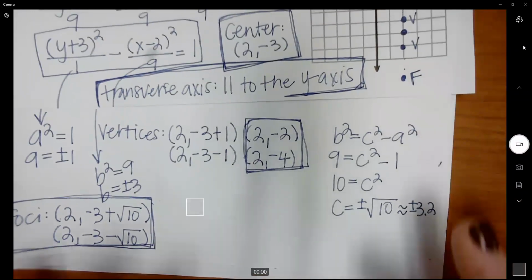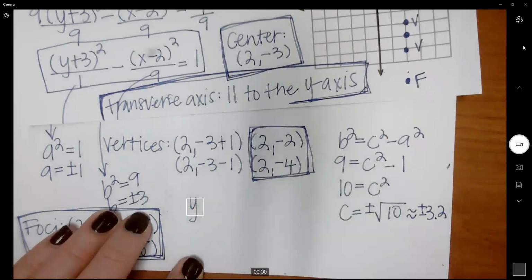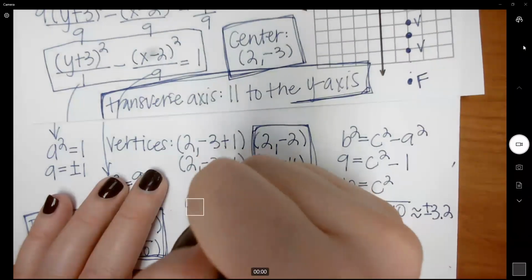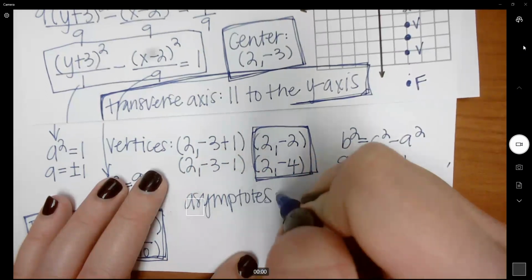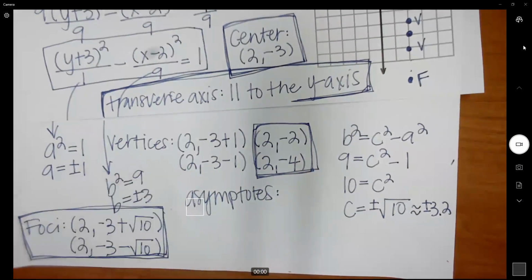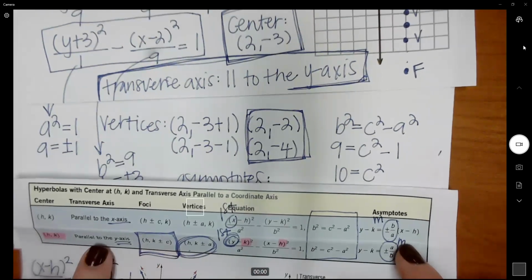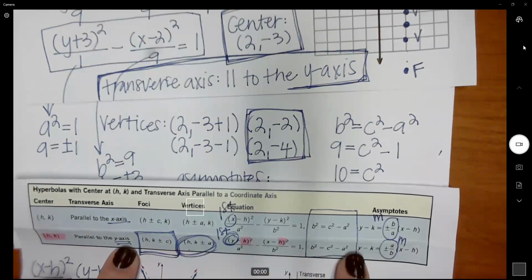Then lastly, we need the asymptote. I'm going to go ahead and do the entire equation just so you can see it's not that bad. And then I will show you what they want. So if this is parallel to the y, here's my equation for my asymptote right here.